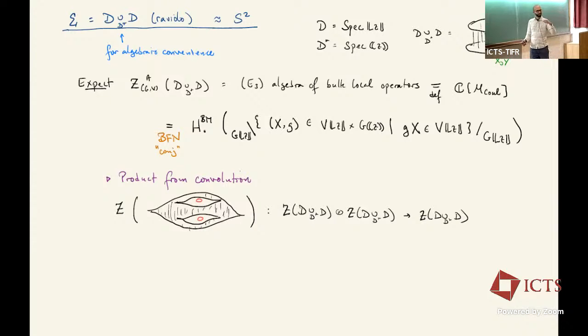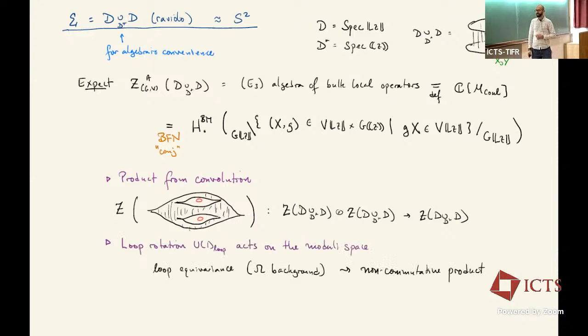It's two little ravioli inside one big raviolo, and that means convolution product on cohomology of spaces like this, which is what BFN actually showed existed. So they defined a convolution product that gives this space the structure of an algebra.